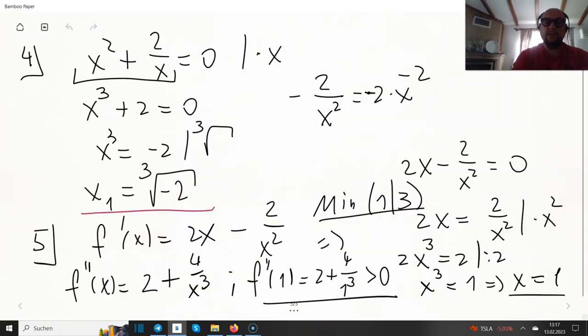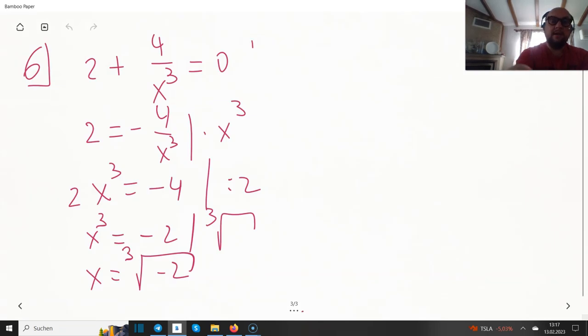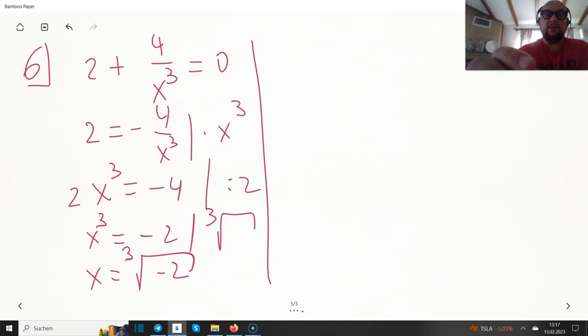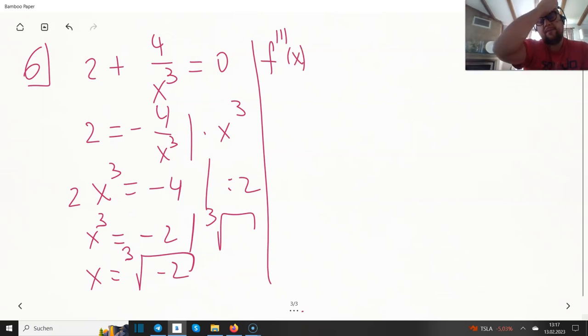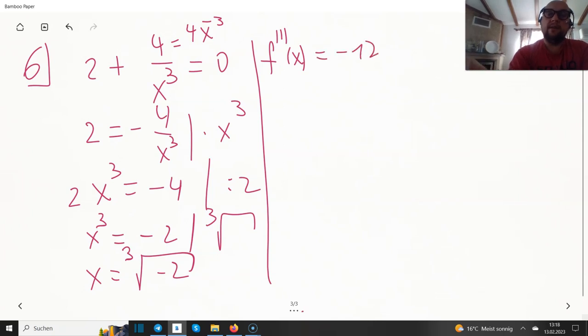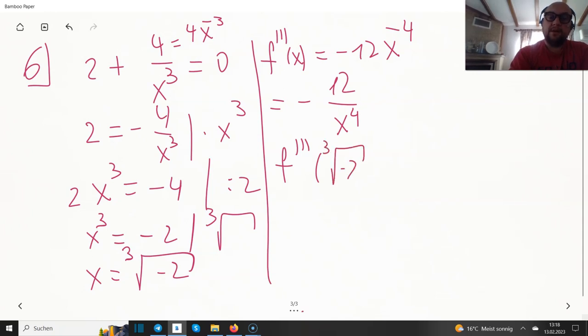All right, so the 0 point and the possible point of inflection, I have no guarantee yet that this is a point of inflection. I need to actually produce the third derivative, which I'm doing here. So 2 is disappearing. We have 4. This is 4 times x to the power of minus 3. It's coming down. We got minus 12 x to the power of minus 4, or minus 12 divided by x to the power of 4. Now plugging in the cubic root out of minus 2 gives us, well, I don't need to have the value necessarily.